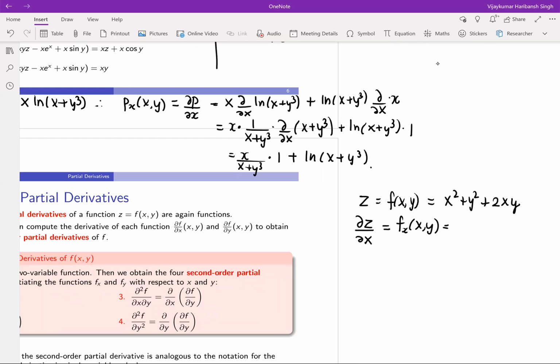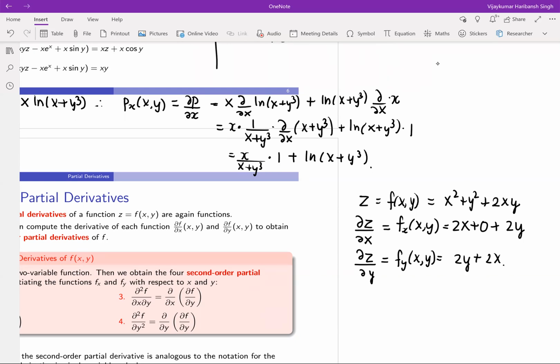Again, the derivative of x squared with respect to x is going to be 2x. This is going to be 0. The derivative of this with respect to x is going to be 2y. Similarly, dou z by dou y, the partial derivative of z with respect to y, again I'm using this as a notation, is going to be 2y plus 2x.